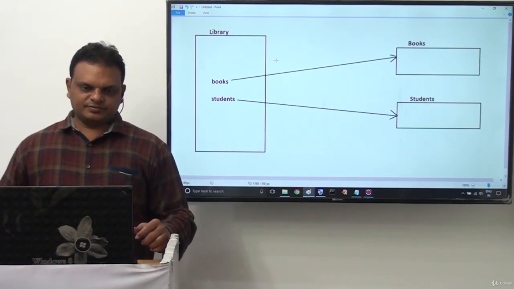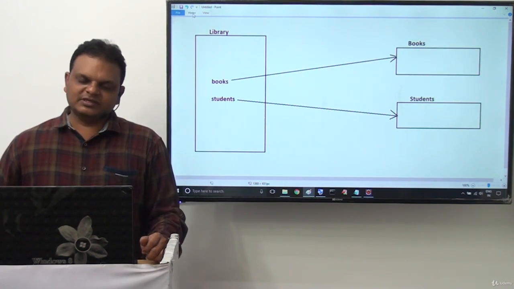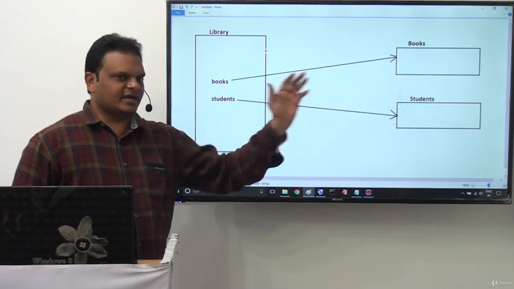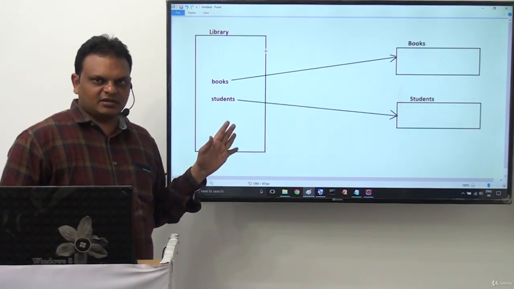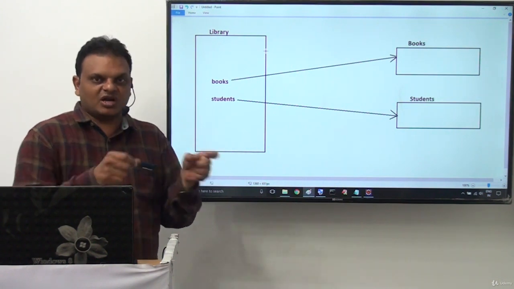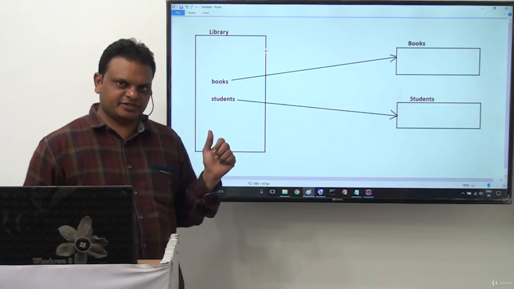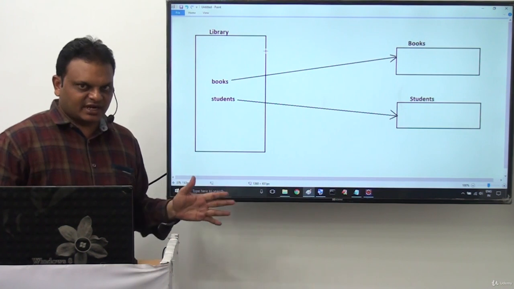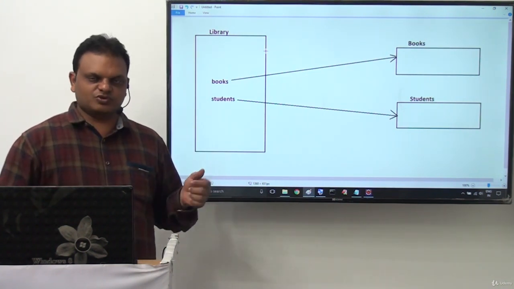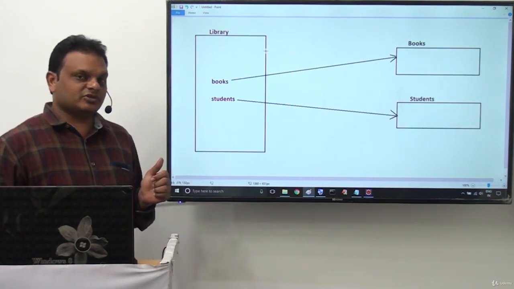One simple test. What is the meaning of strong association? Container and content are available. If I close the container, automatically the content must also be closed if a strong association exists between two entities. In the case of weak association, what happens?